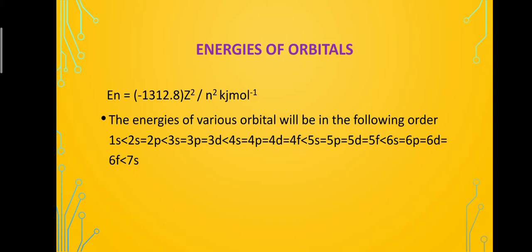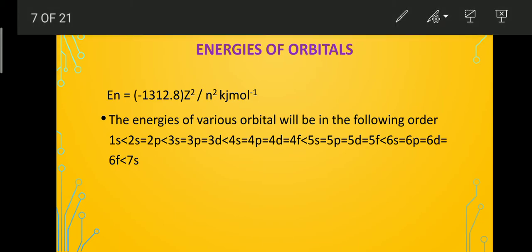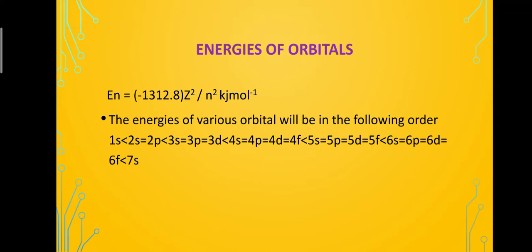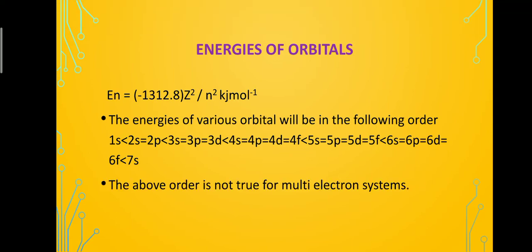Since both principal quantum numbers are 2, we consider that 2s is equal to 2p, which is less than 3s, which is equal to 3p, which is equal to 3d, which is less than 4s, and so on. But this order is only applicable for single electron systems like hydrogen or Li2+ ions. It is not applicable for a multi-electron system.